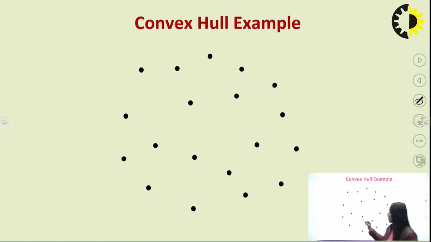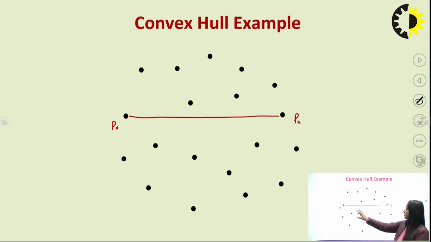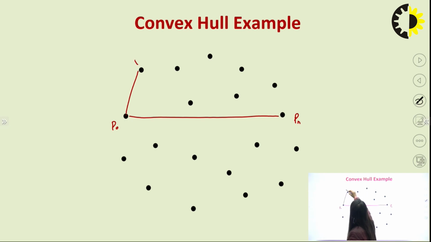If I take this as P0 and this as Pn, what I need to do is partition, divide that plane. This is one complete plane, and I just need to divide it. I simply draw a line over there and divide the plane. Now see, this is my P1, I make a line here, P2.